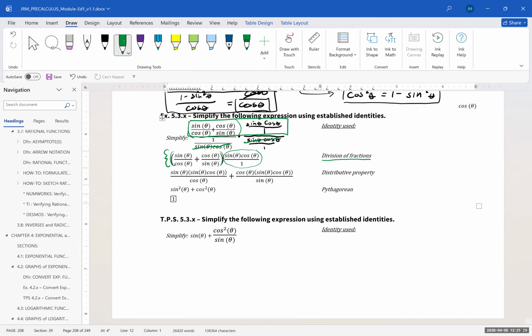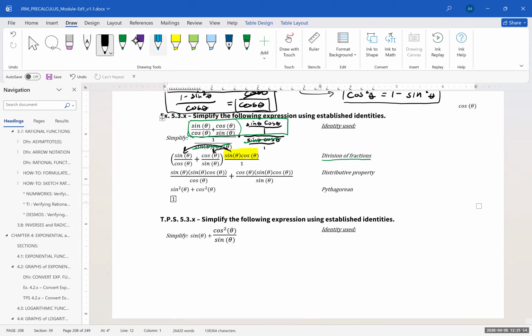All right. Now, we want to use the distributive property. So we want to take sine theta cosine theta and distribute this to each term in the parentheses group.